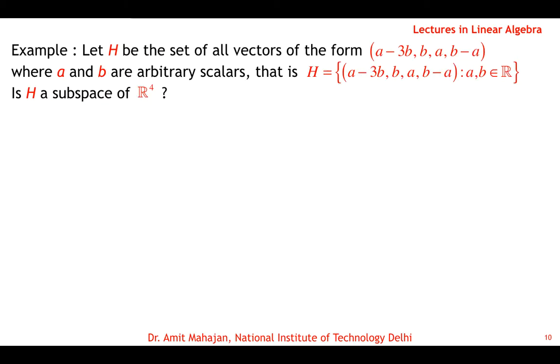Another example: let H be the set of all vectors of the form (a minus 3b, b, a, b minus a). So the vectors are in R4, there are 4 elements, where a and b are arbitrary scalars, that is, H can be written as a set such that a, b belong to the real numbers.